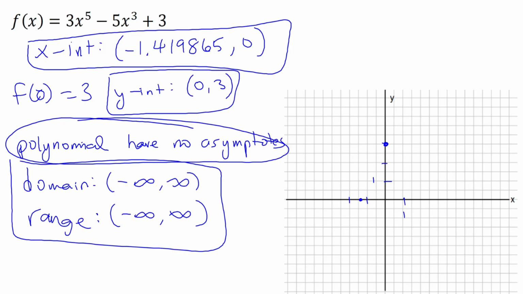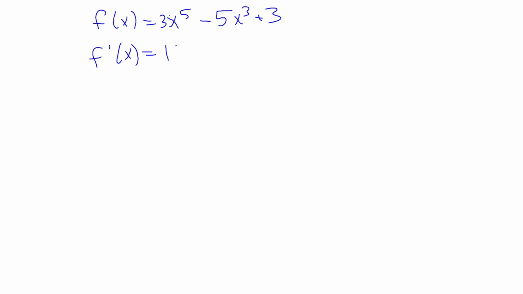So our derivative of this function, since the original function was f of x equals 3x to the 5th minus 5x to the 3rd plus 3, the first derivative is going to be 15x to the 4th minus 15x squared.